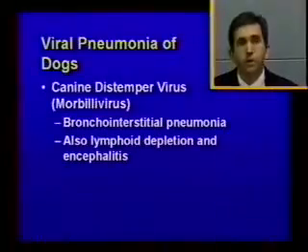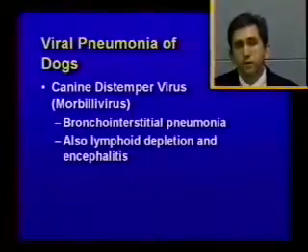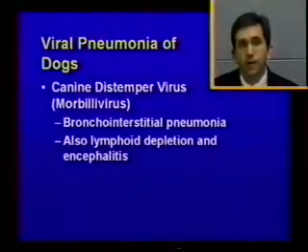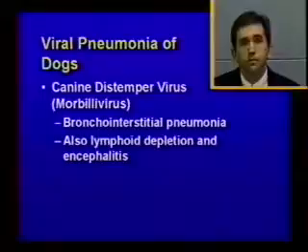But what's important to remember about canine distemper virus is that it targets multiple systems of the body. When a dog is exposed to the virus, it first replicates in the lymph nodes that drain the pharynx and the airways. The virus replicates and then causes a viremia, or dissemination of the virus throughout the body.